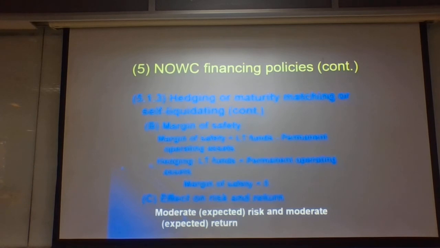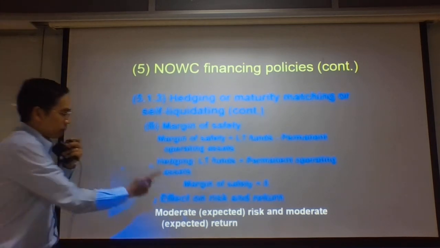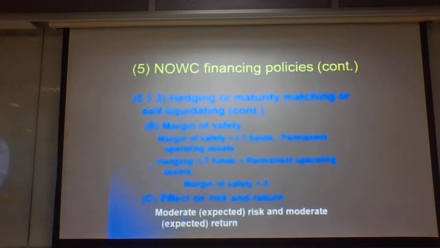But I would like you to add one more thing about the risk in the third case. You can see that the maturity risk has been hedged. In this case, it is a risk from the maturity gap.